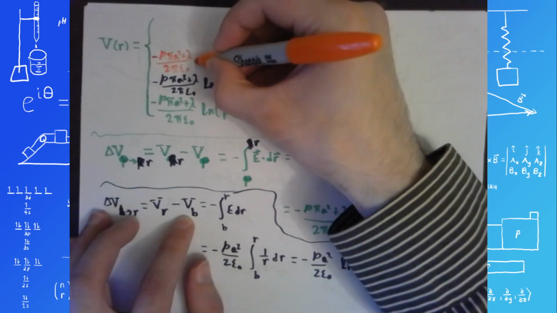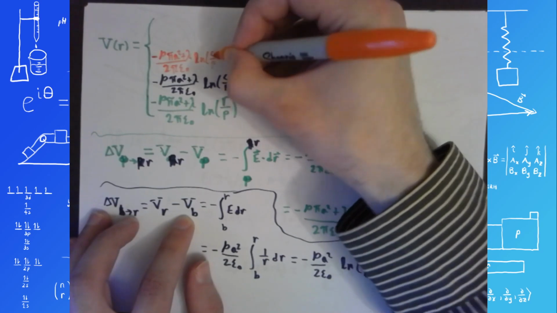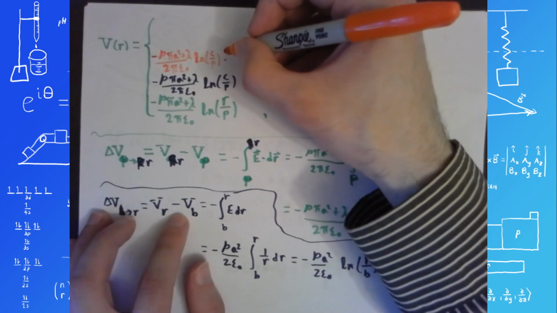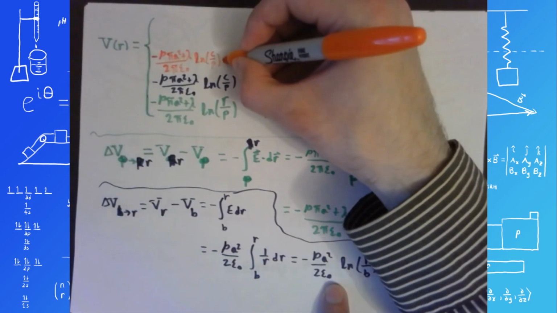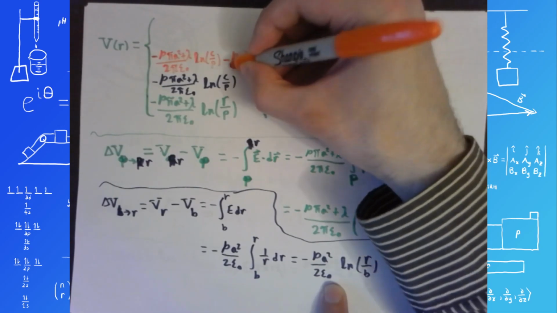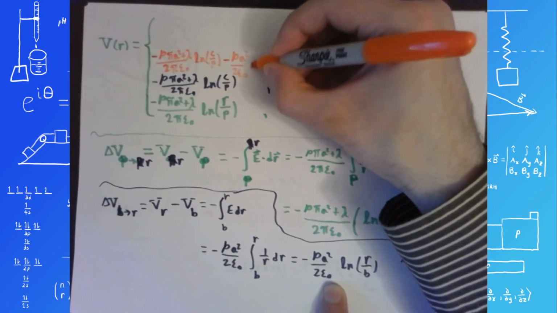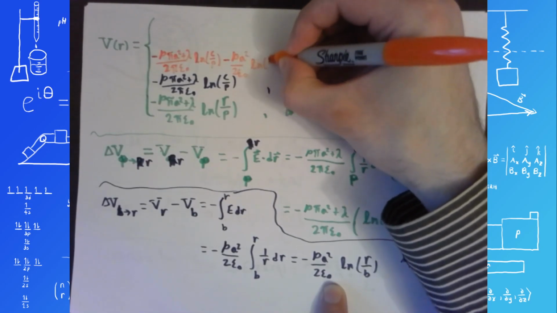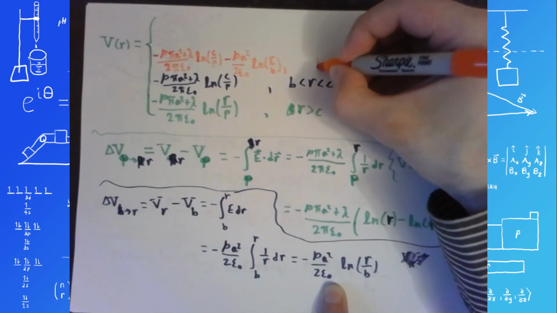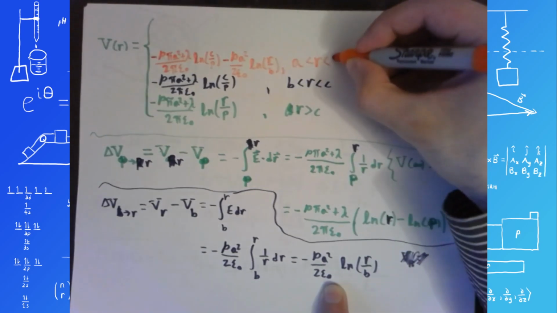Times natural log of c over p, and then that is added to this, so minus rho a squared over 2 epsilon naught natural log of r over b, and that's for r between a and b.